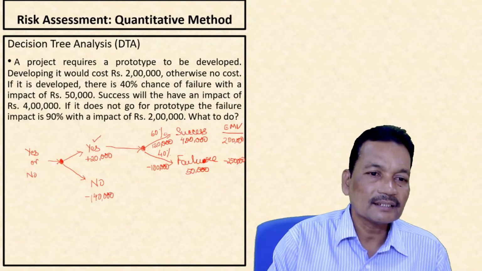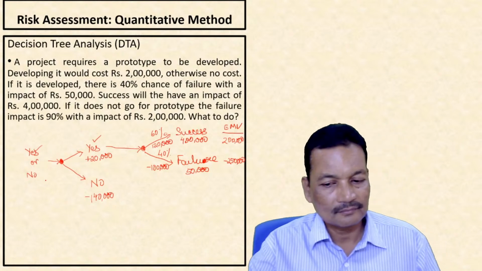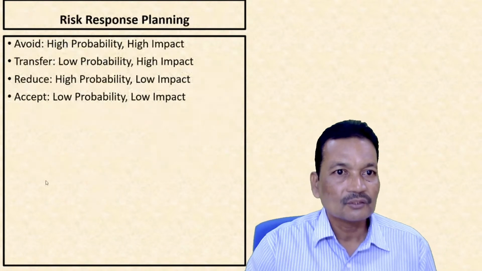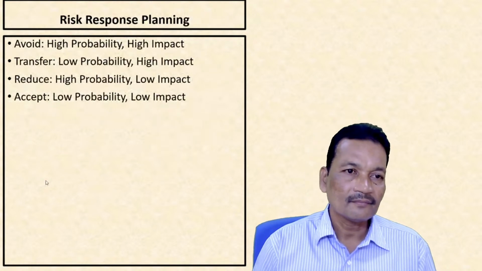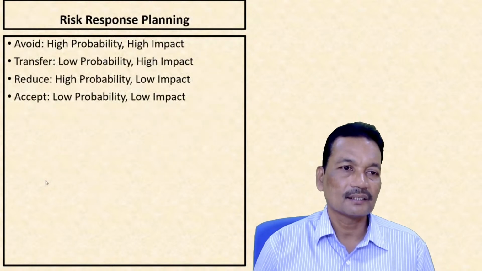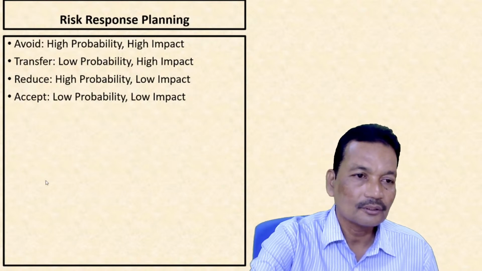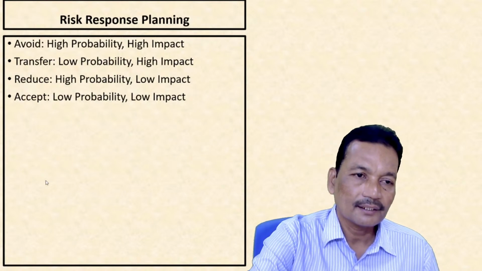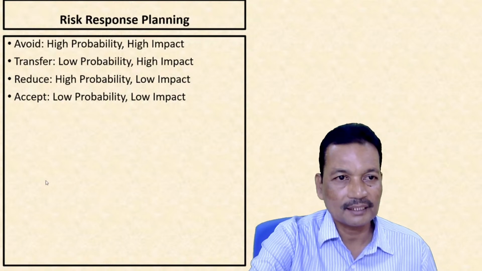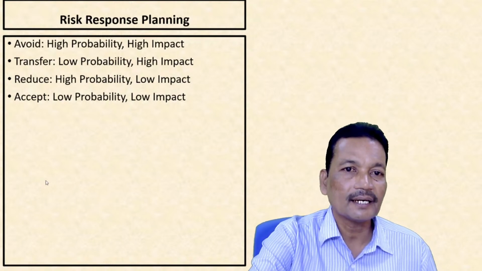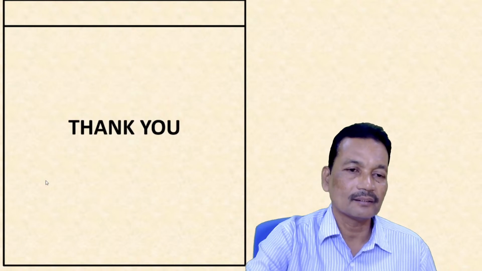So definitely the answer is yes. So while planning, you either avoid the risk, transfer the risk, reduce it or accept the risk according to the probability and its impact level.